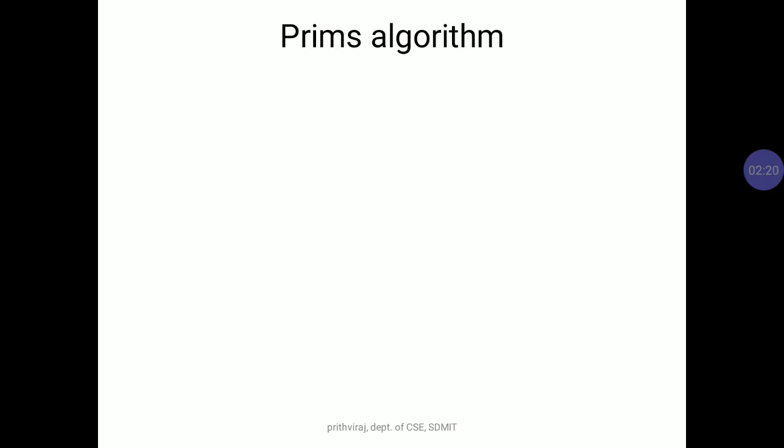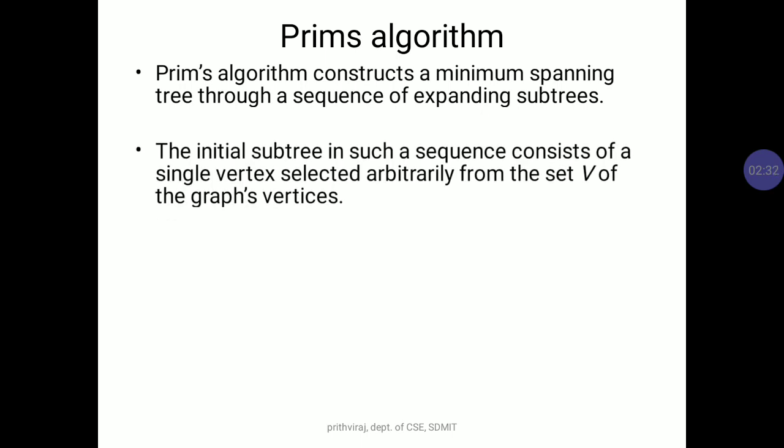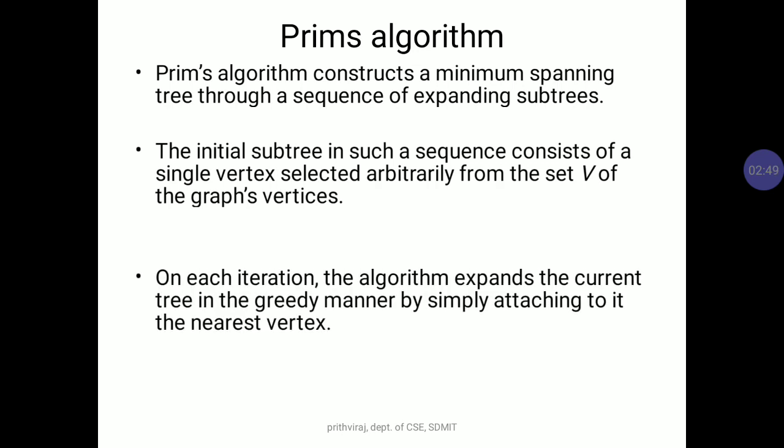Now, let us discuss Prim's algorithm. Prim's algorithm constructs a minimum cost spanning tree through a sequence of expanding subtrees. The initial subtree in such a sequence consists of a single vertex selected arbitrarily from the set of vertices. Initially, we have to consider one vertex as the starting vertex.